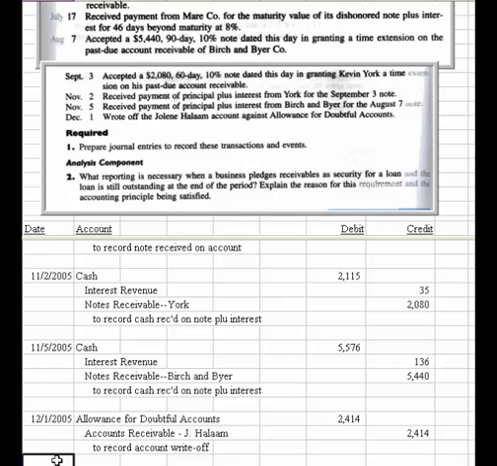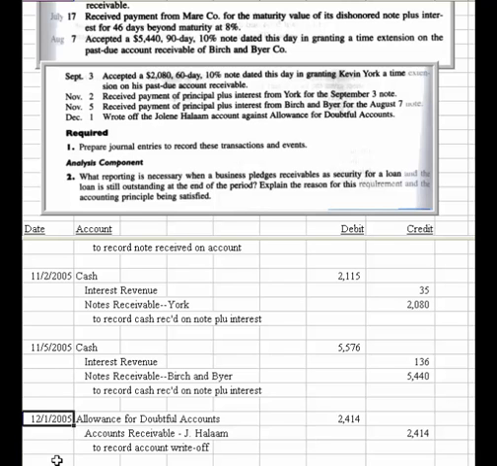And what that says then is if the business dishonors its obligations, the creditor can claim that amount of receivables that were identified in the pledge as collateral to cover the loan. And the principle involved is the full disclosure principle. We want to make sure we're fully disclosing the transaction to the readers of the financial statements.